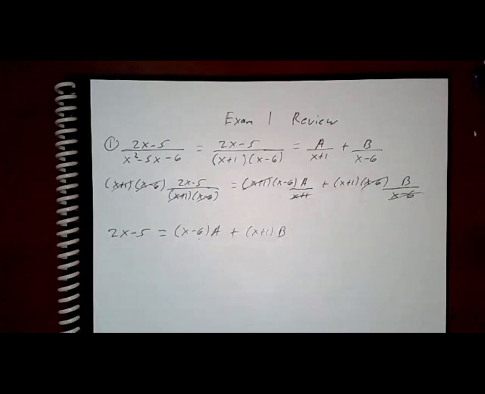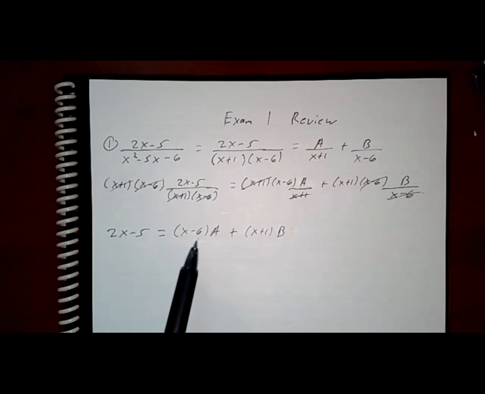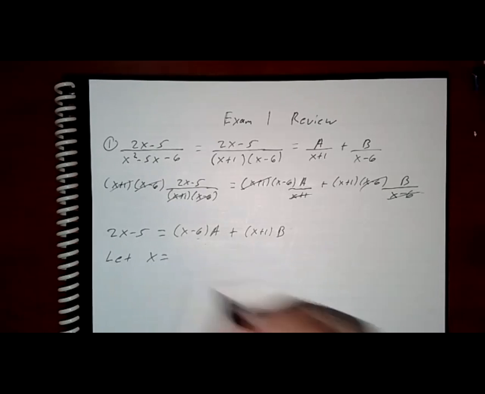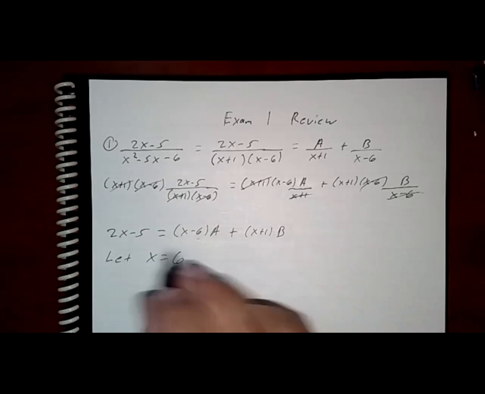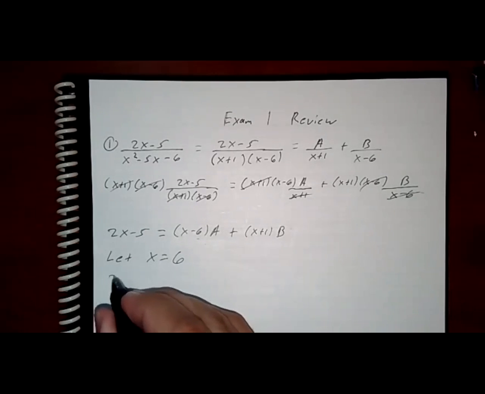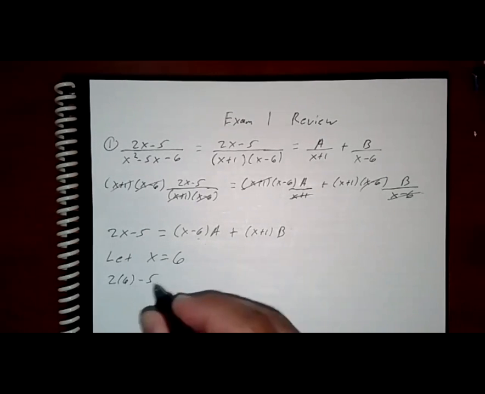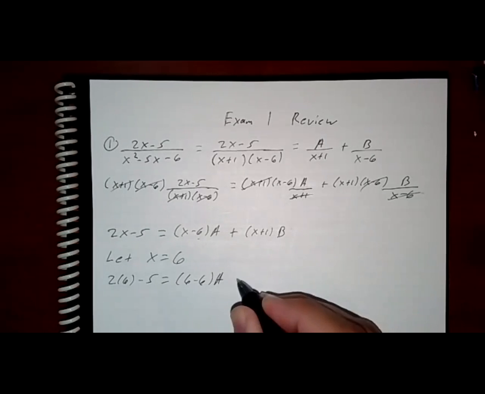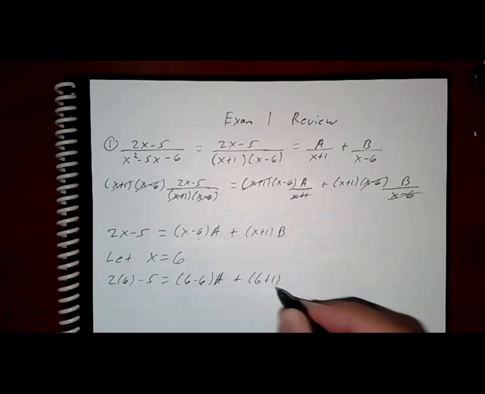Alrighty. So at this point, I showed you how to create the system. If you want, this time we could try the Heaviside method just to show you a shortcut. It works with simple setups like this. So what I can do is say let x equals 6. So plug in 6 everywhere. So you get 2 times 6 minus 5 equal to 6 minus 6 times a plus 6 plus 1 times b.